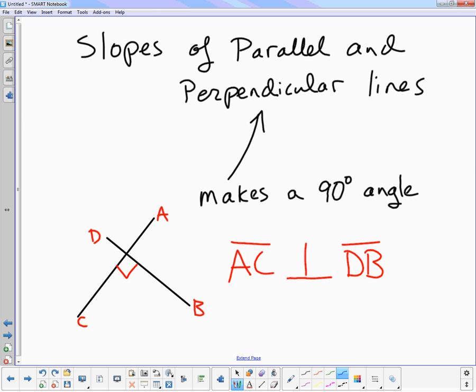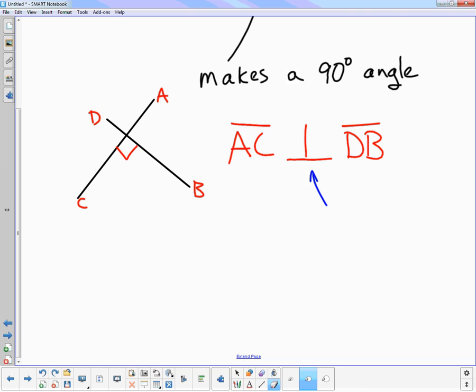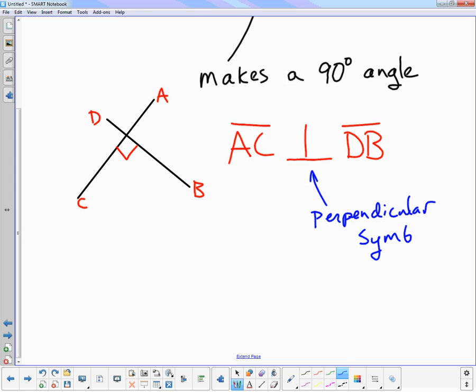This is the perpendicular symbol. It looks like a little right angle, right?